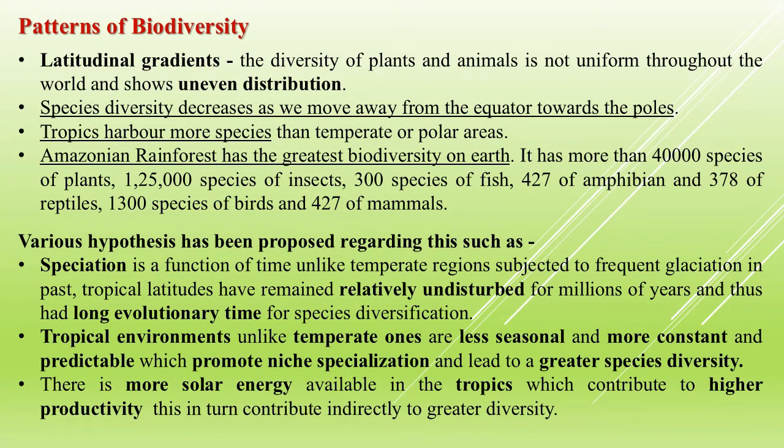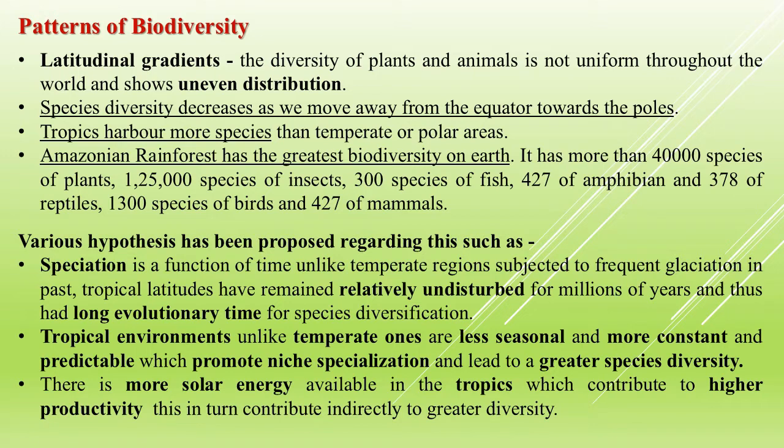Whereas when we go to Greenland, which is located at 71 degrees north, we find only 56 species of bird. India, with much of its land area in the tropical latitude, has more than 1200 species of birds.